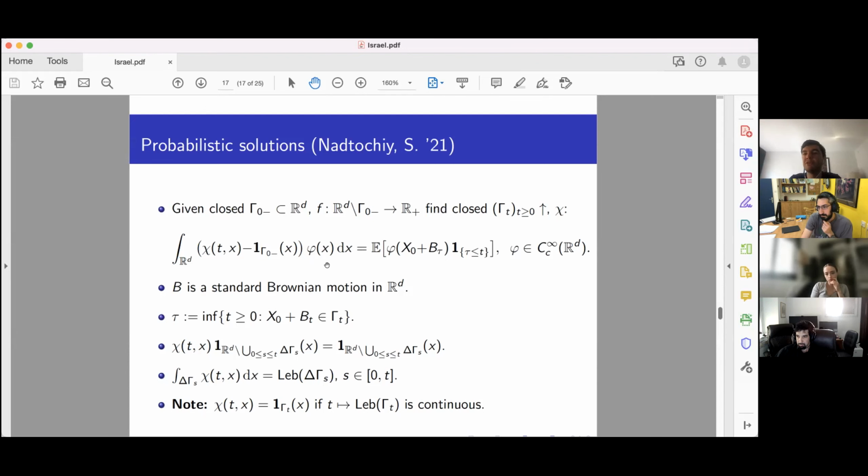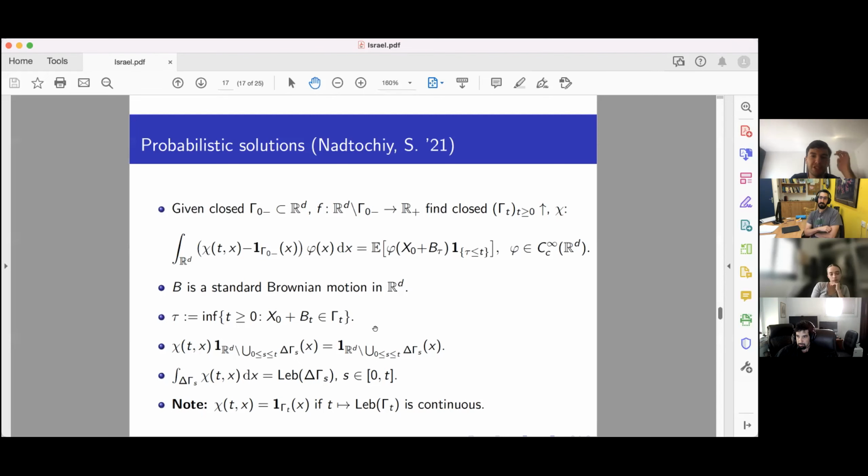And then this equation would tell you that the rate at which the ice is filling the ball is equal to the probability that your Brownian motion will hit the ice block by time t, and that the point where it hits will be within the small ball that you're looking at. Okay, so it's kind of a local version of what I was saying before.